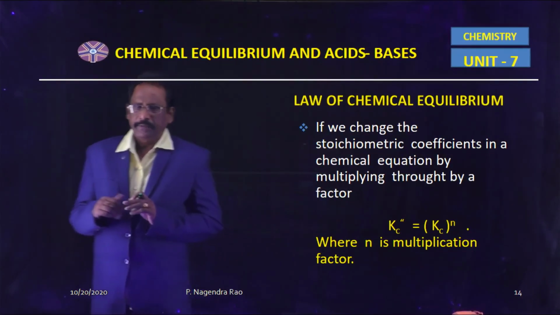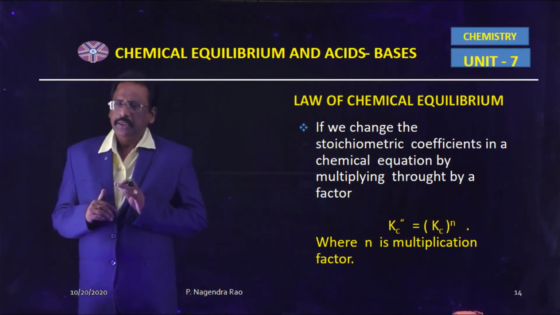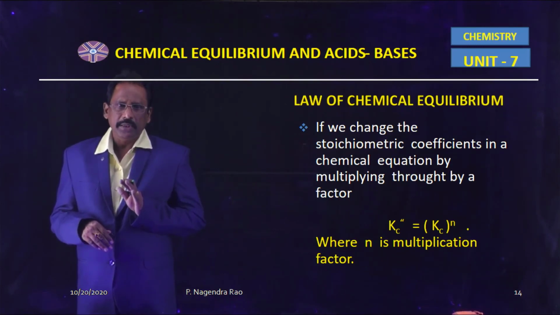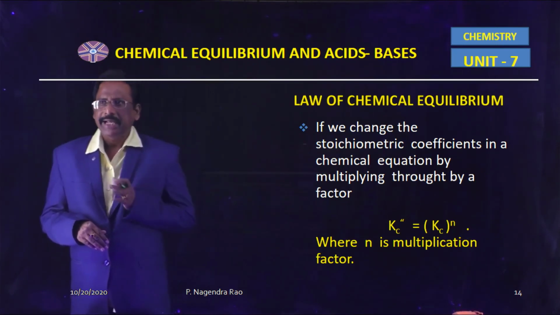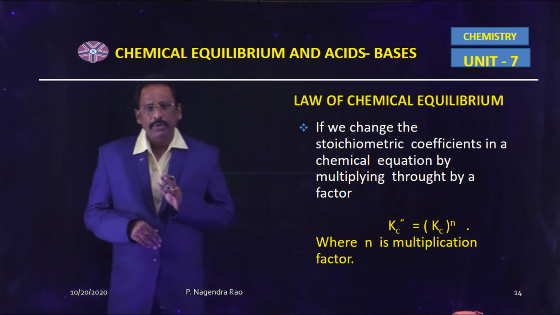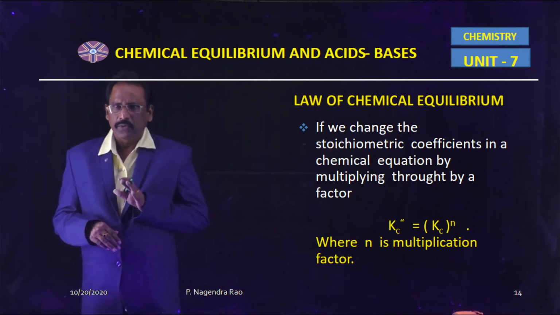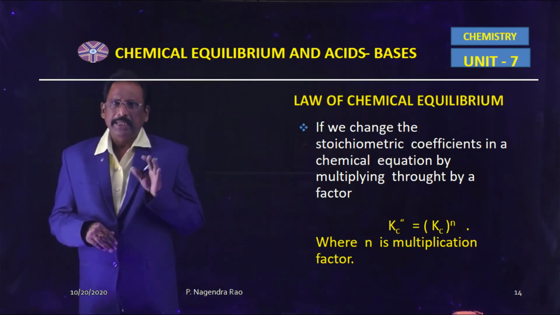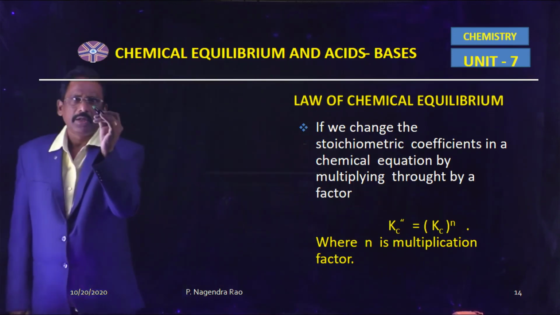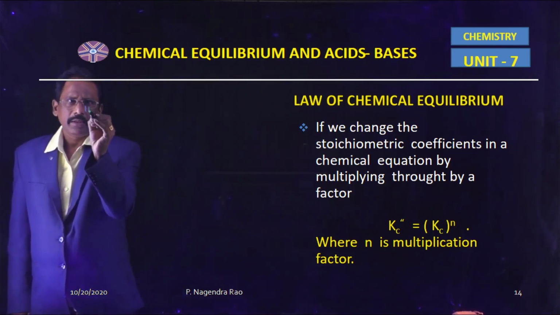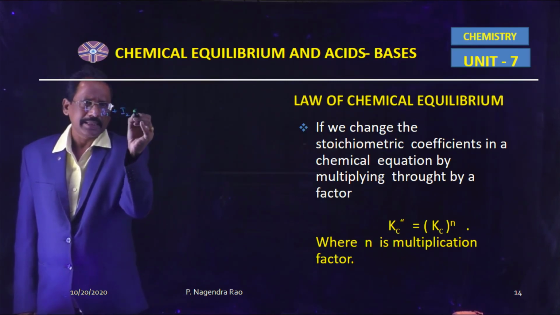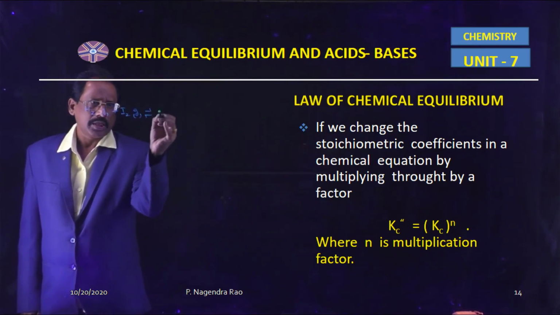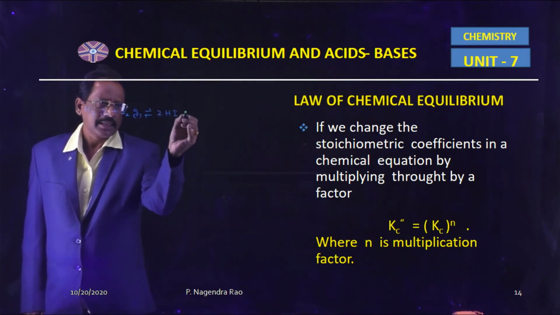And similarly, if you change the stoichiometric coefficients in a chemical reaction by multiplying with a suitable factor, for that reaction the equilibrium constant value is equal to Kc to the power n. For example, when H2 gas combines with I2 gas, 2 moles of HI gas is formed.